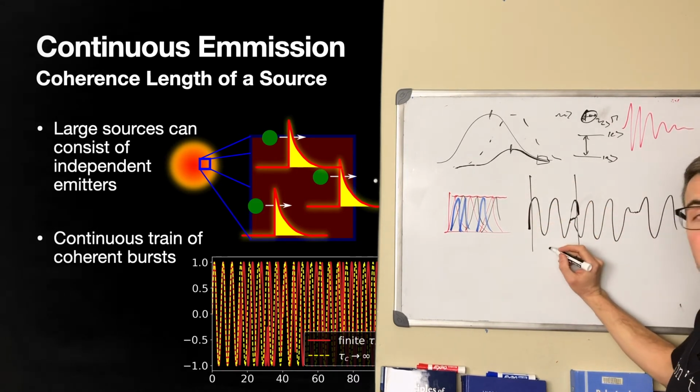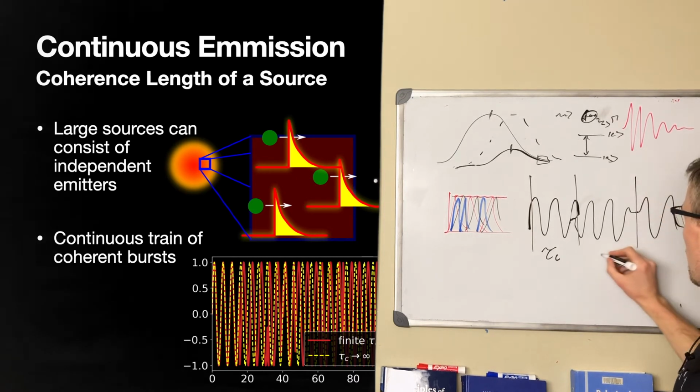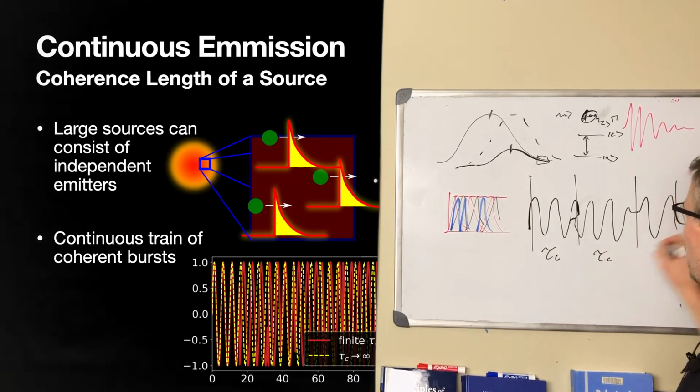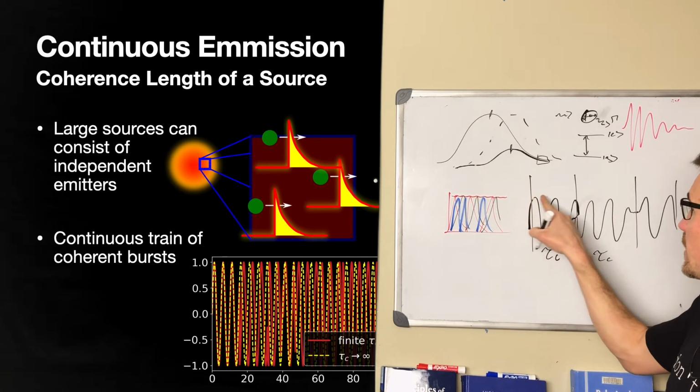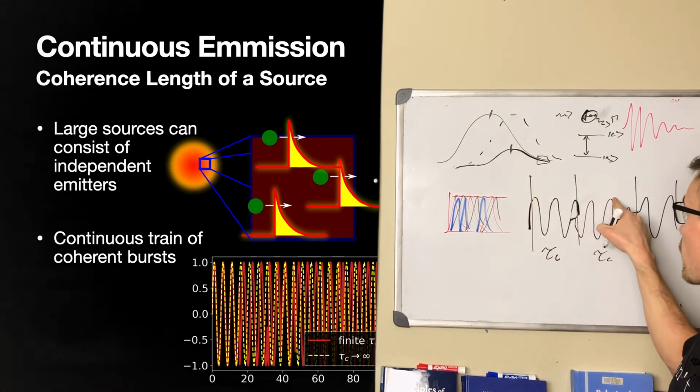So there's going to be a time, we'll call it tau or tau c, over which there's a fixed relation between where this maximum is and this maximum and this maximum. After a while, there's no longer going to be a relationship.